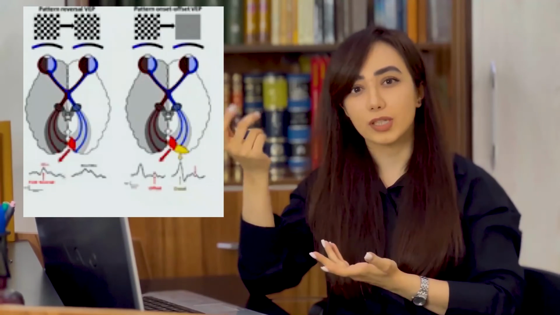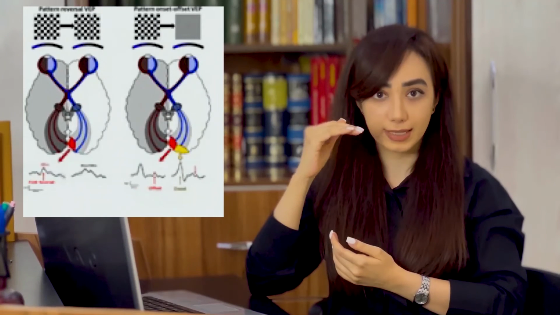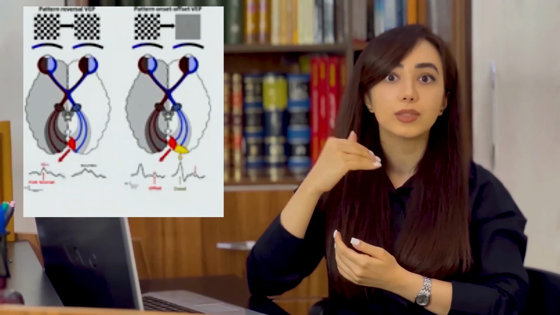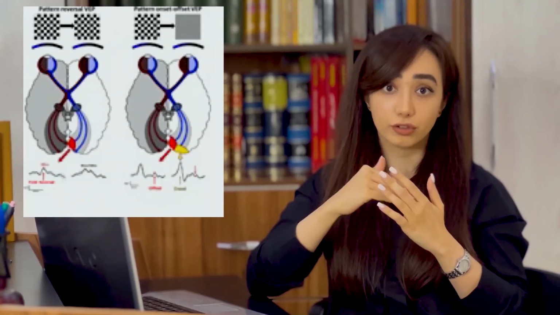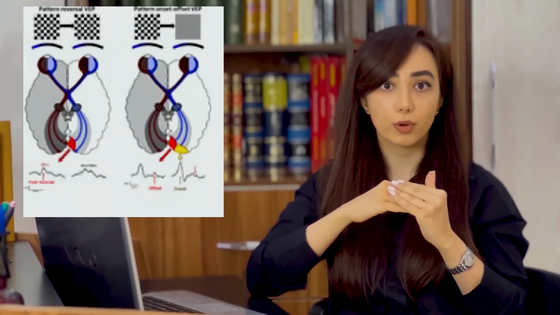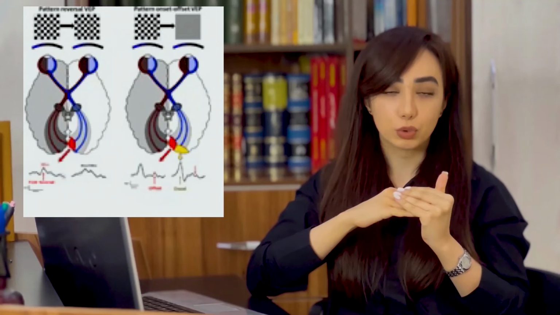It is mostly because the primary visual system is arranged to be sensitive to edges and movements. So, using shifting patterns with multiple edges and contrast is the most appropriate method to stimulate and assess visual function.